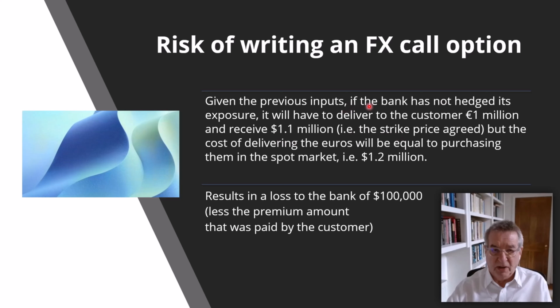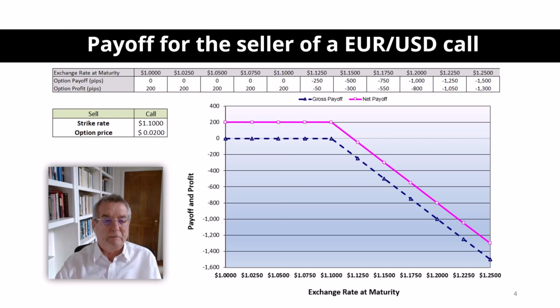But bearing in mind that the bank has not hedged its position, the bank would need to go into the spot market and buy the 1 million euros and pay $1.2 million for them. So this results in a loss to the bank of $100,000, less, of course, the premium that was paid by the customer on opening the position.